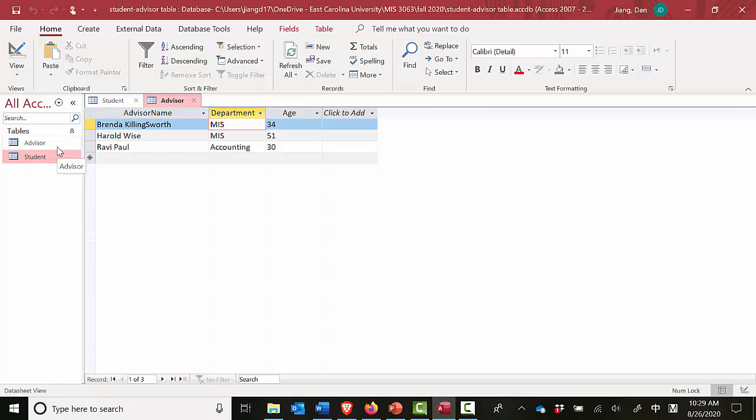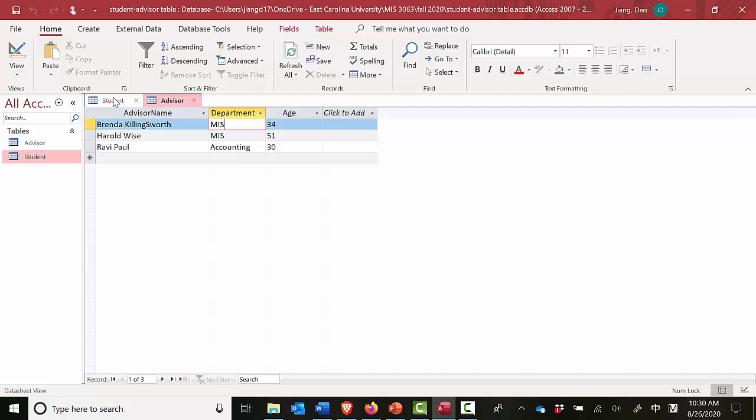In reality I just created student table and advisor table, and as I explained, they are connected because students and advisors, they are connected in reality, and the tables are connected as well. However, in database, when we say two tables are connected, we say that when two tables actually share a common column. What does it mean? It means that there is a column that's common to both tables.